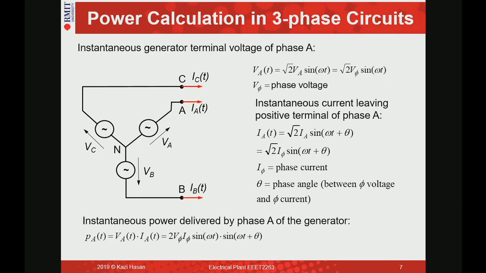Because it is 2 sine A sine B, there is a formula: we can write cos(A minus B) minus cos(A plus B). By using the trigonometric formula, for phase A we got this quantity: V phi I phi cos theta minus V phi I phi cos(2 omega t plus theta). So this is the power calculated for phase A.